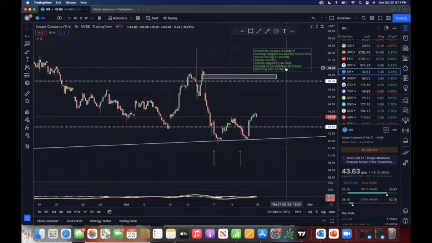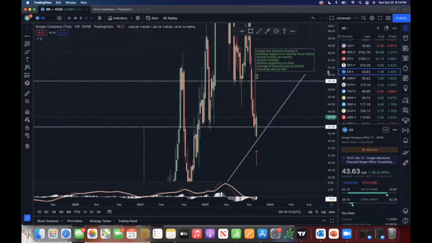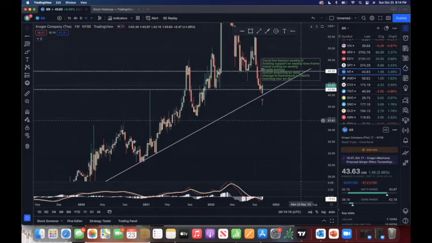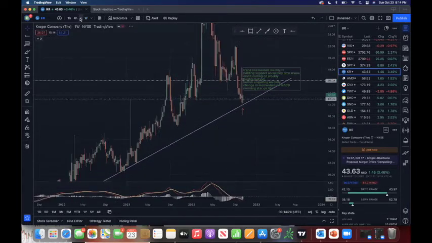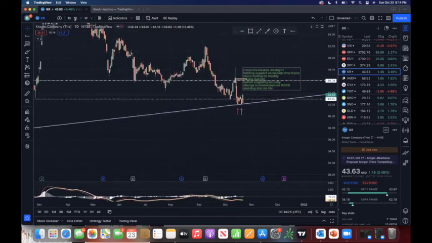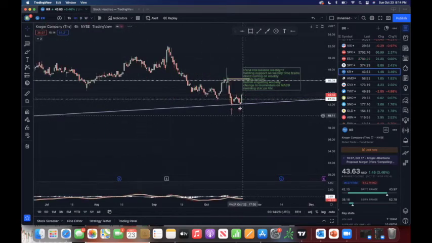So my original thought process when I looked at the weekly chart was we were bullish, right? So if we're bullish, my idea is that I'm going to look for more bullish things on the lower time frame. So I go down to the daily. Do I see bullish stuff? Yes. Do I go down to the 4 hour? Do I see more bullish things? Yes. Go down to the 1 hour.